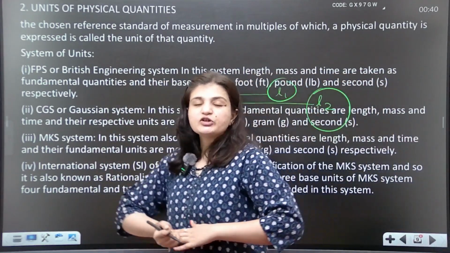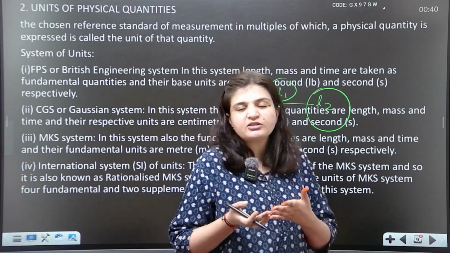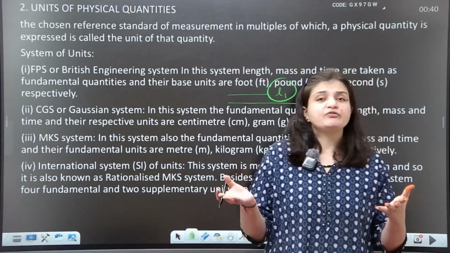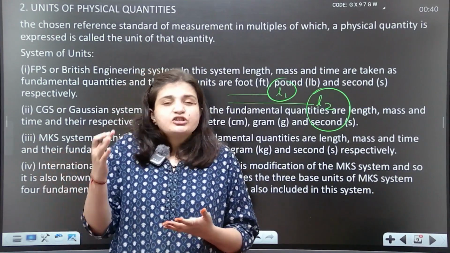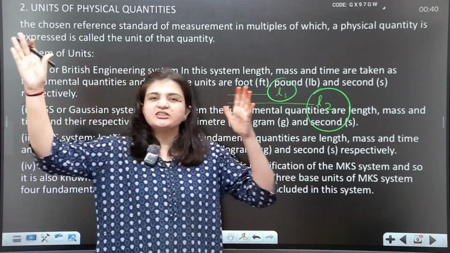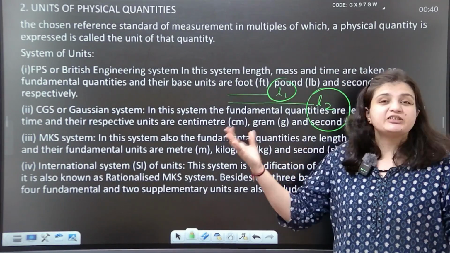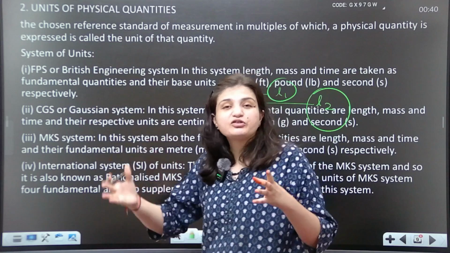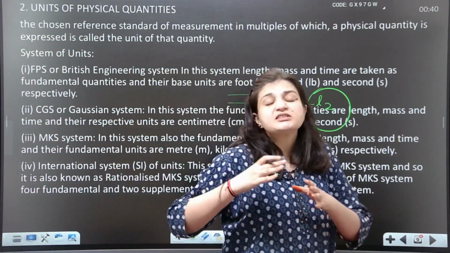We come across various types of length. Let's consider the length of a table, and the distance between earth and the moon. We can imagine that there is a huge difference in length. The distance between earth and moon is very large.